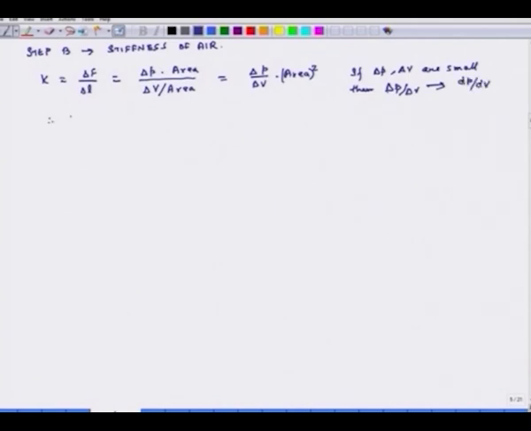So, therefore, K is equal to dP over dV times A square. So, what we have developed is a relation for stiffness, that is stiffness equals dP over dV times square of area. So, now we have to find what is the value of dP over dV, because we already know what is A.